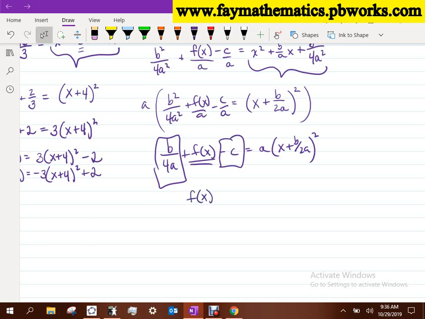They're just numbers. It should be squared, sorry. So now I'm going to move that to the other side, so it's going to be a times x plus b over 2a, squared, equals, we can go plus c, and then we had to subtract b squared over 4a.